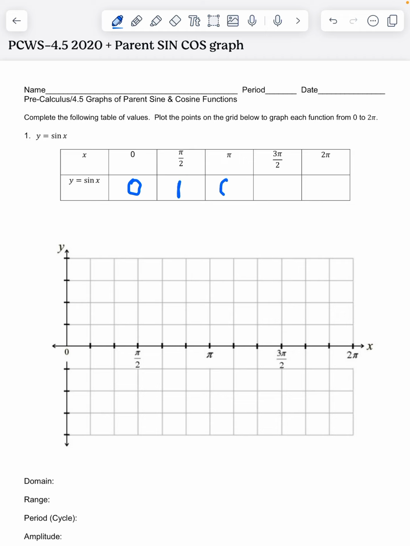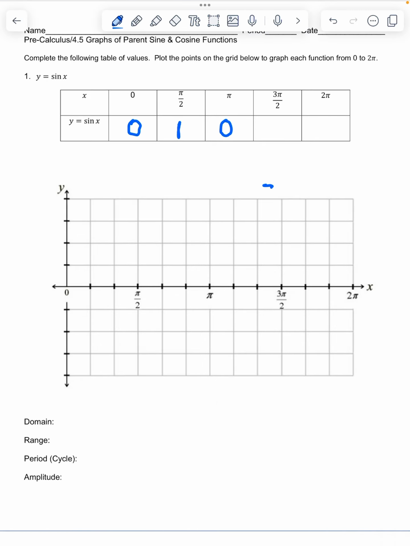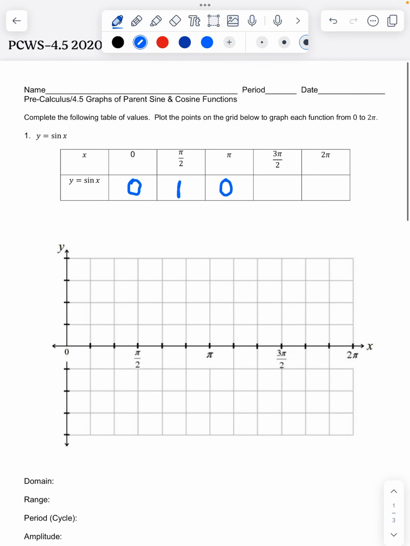At pi, the y-coordinate is 0, and then at 3 pi over 2, that value is -1, and then we get back to 0. And this cycle of values, 0, 1, 0, -1, 0, repeats itself over and over again.